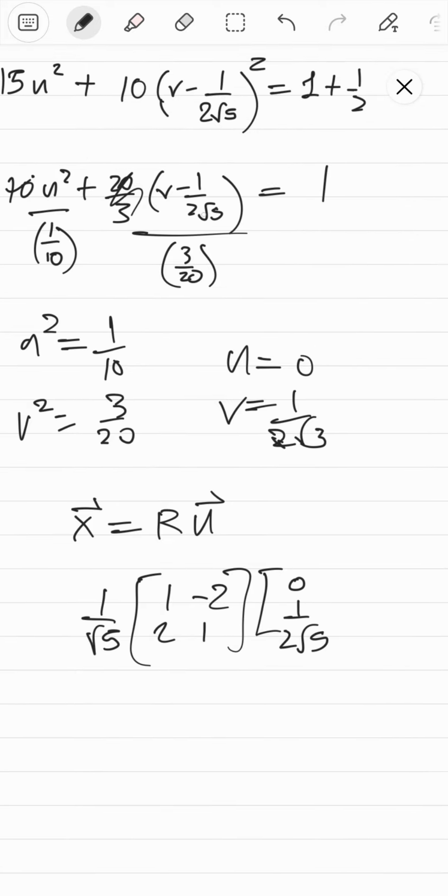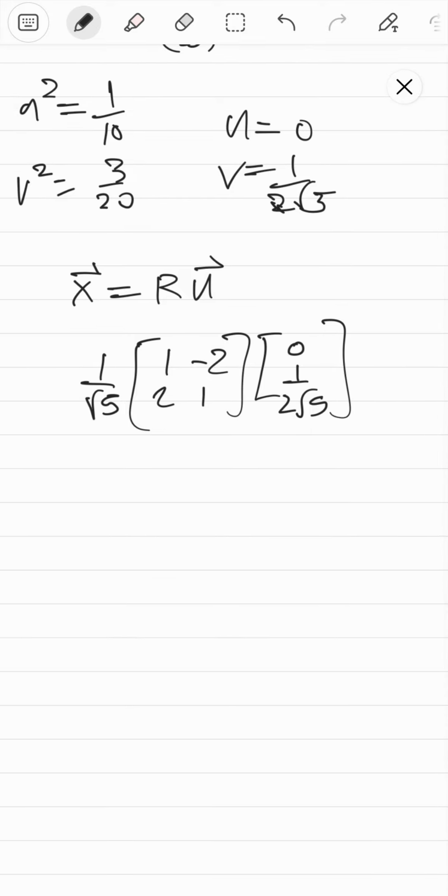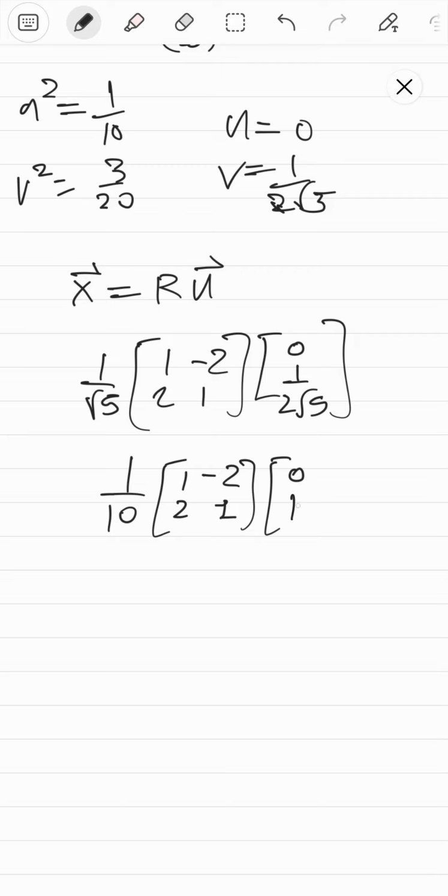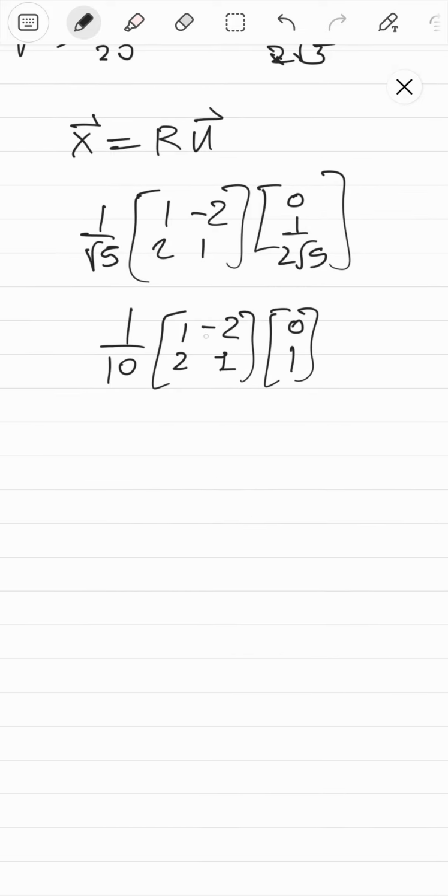No, it's square root of 5. Okay, that looks like 3, unfortunately. So just square root of 5 over there. Okay, cool. So what does this become? Just take that 1 upon 2 square root of 5 outside, just 1 upon 10 times, well, 1 2 negative 2 1, and that applied on 0 comma 1, right? Yeah, basically just negative 2 comma 1. So negative 2 comma 1 upon 10, that's the center of this thing.